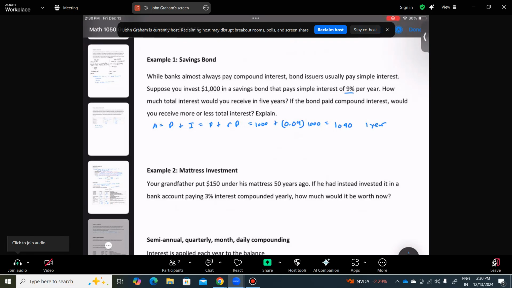Okay. Now with simple interest, it's just continually adding on your interest each year on these bonds, so you don't continue to apply the interest to the total, you just keep applying the interest to the $1,000 again. So in the second year we add another 90, and so we're at 1180, and that's 2 years.